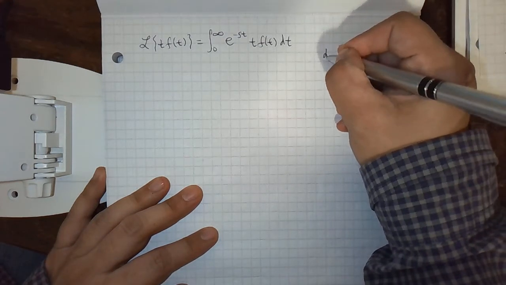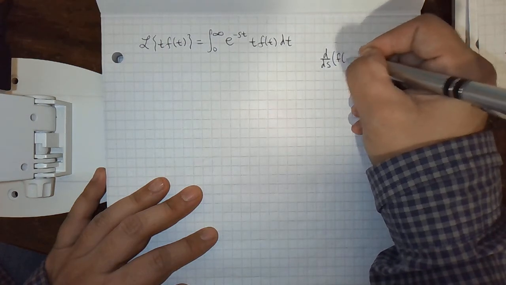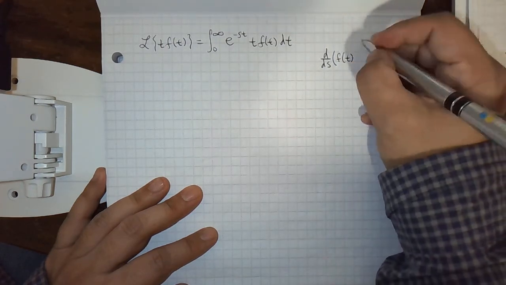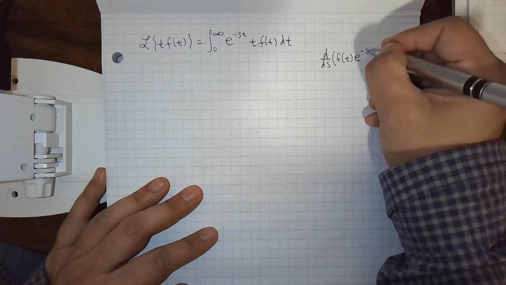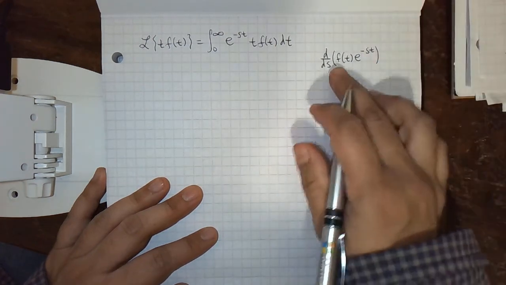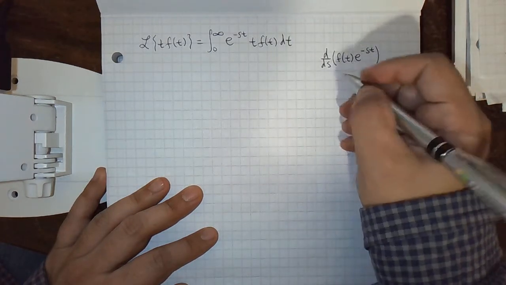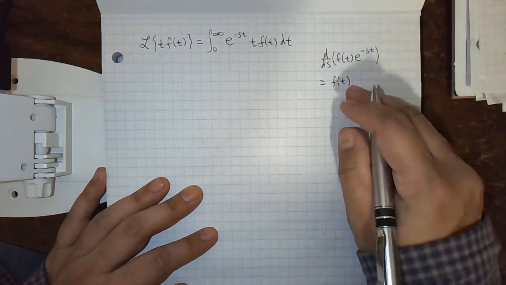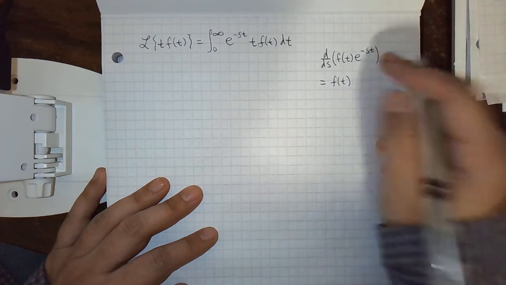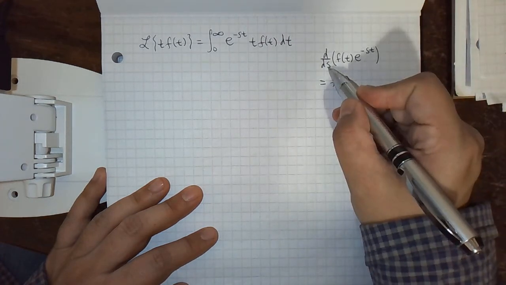So the derivative with respect to s, maybe we should technically write partial derivative if you know what that is, but that's okay. Basically we're holding t constant and we're finding this derivative. Well, if we hold t constant, then f of t is constant actually, so we can take that out as a constant, and then we just need to differentiate e to the negative st with respect to s.